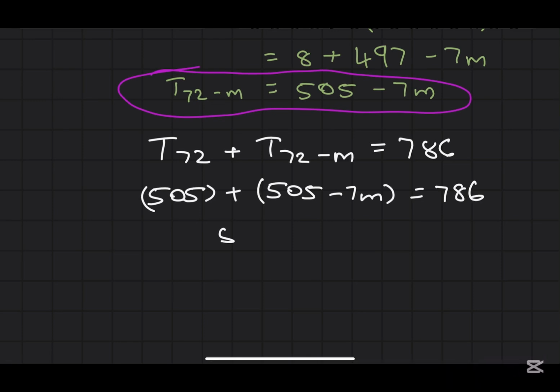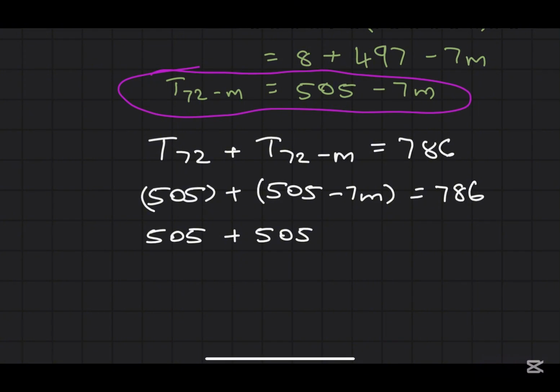What are we going to do? We're going to deal with the brackets. 505 plus 505, because obviously the coefficient in front of the brackets is 1, which means everything in the brackets stays the same. And because this is a plus, not a minus, there's no negative that we have to multiply in.